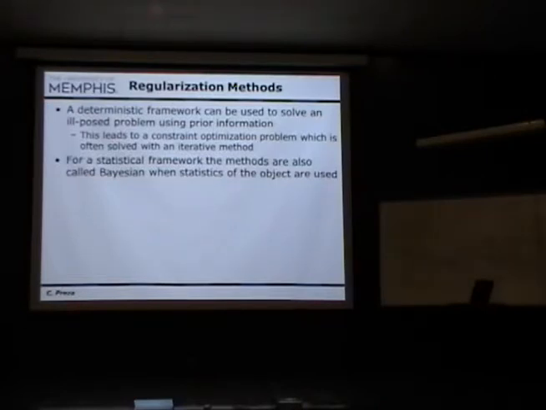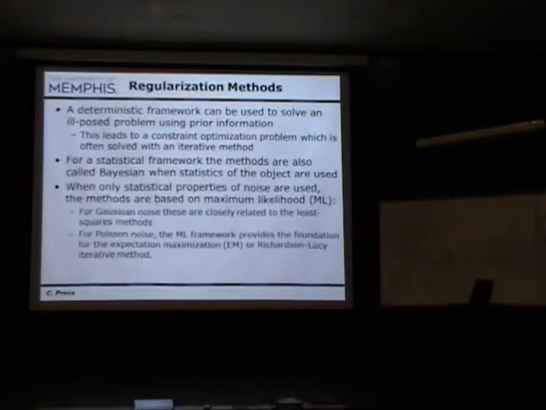The other approach is to adopt a statistical framework, okay? In one that you consider variance and mean either of the object, and those are called Bayesian methods, or the statistical properties of the noise.